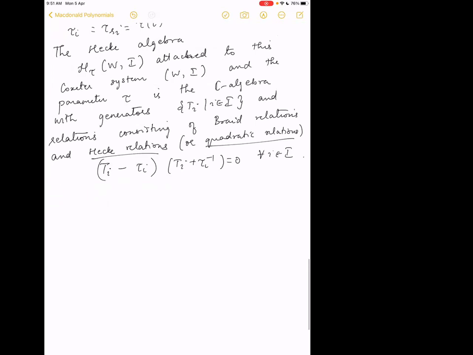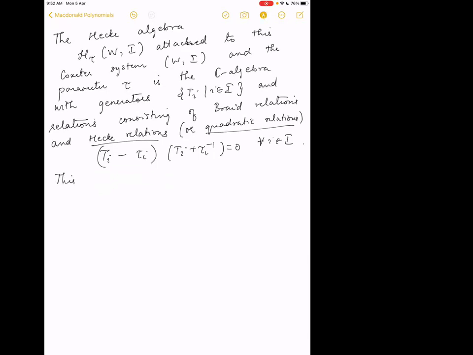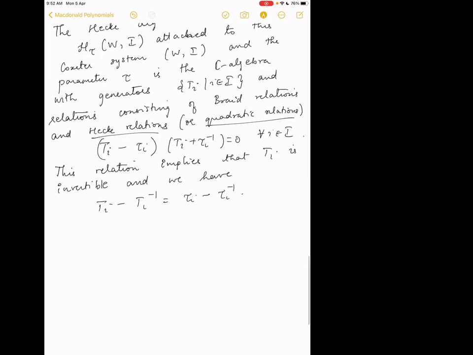Okay, and so the Hecke algebra is the quotient of the C algebra of the braid group, and the relations you have here are the braid relations and these Hecke relations. In particular, this relation implies that T_i is invertible. You can just write this out and you'll see that T_i is invertible, and we have T_i minus T_i inverse is tau_i minus tau_i inverse.